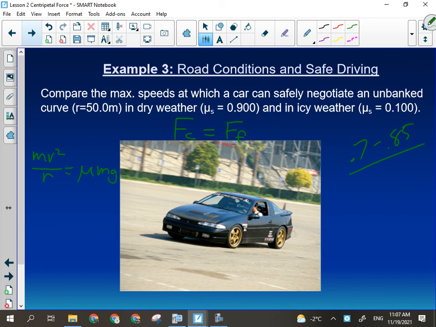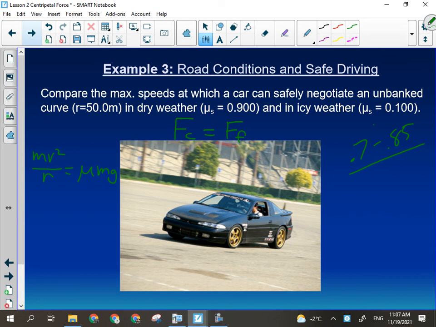All right, so that's what we're looking at here: static friction acts as a centripetal force. What we want to look at is a very common situation for us in Canada. How fast can I take a corner under ideal conditions, where my coefficient of friction is 0.9, versus icy conditions, where my coefficient of friction is 0.1?